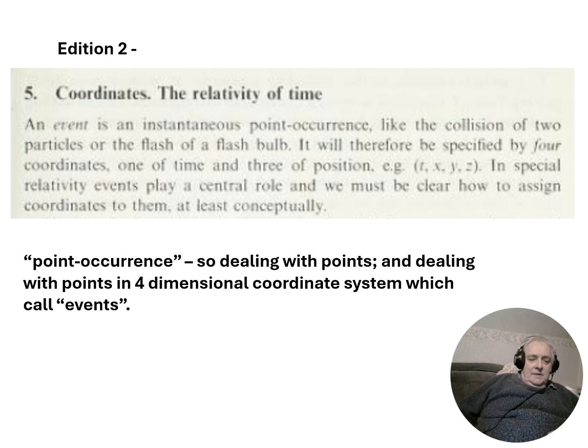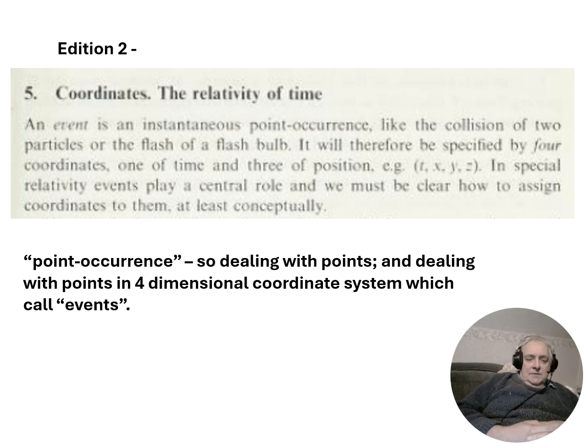And it says an event is an instantaneous point occurrence, like the collision of two particles or the flash of a flashbulb. It will therefore be specified by 4 coordinates, 1 of time and 3 of position, e.g. t representing time, and x, y and z representing certain distances.